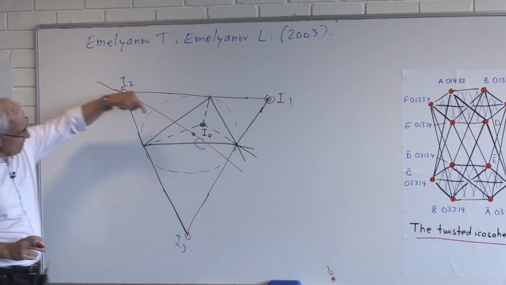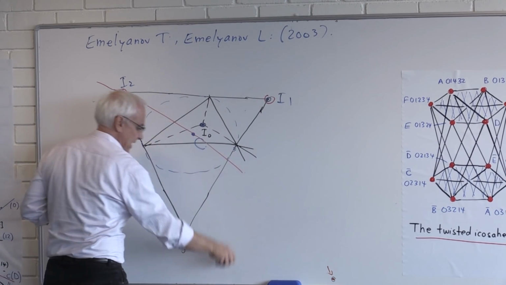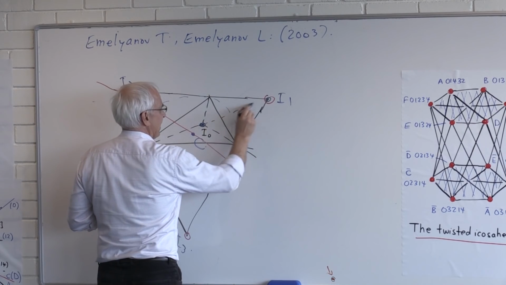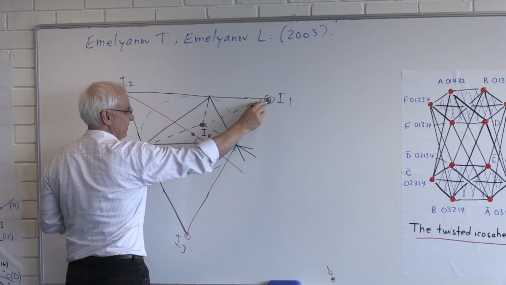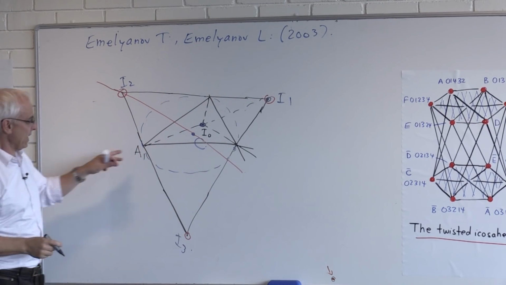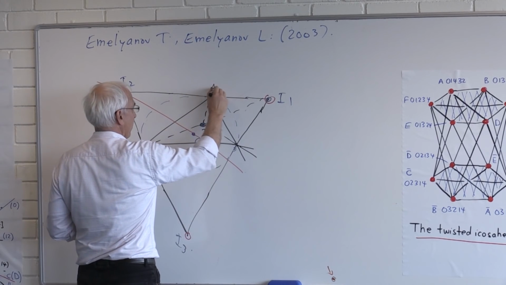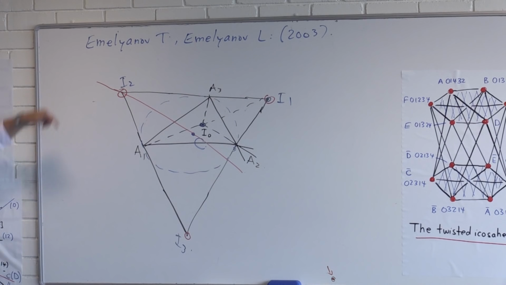But once we've chosen I0 as specified, each one of these bisectors naturally allows us to identify one of these incenters with one of the sides. So if that's I1, then a consistent labeling would be A1 over here and A3 over here and A2 over here, I guess.